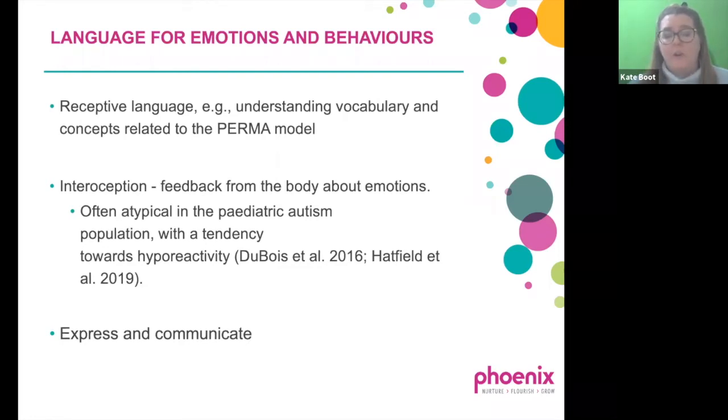So just having conversations about what makes you feel good is going to be really tricky, and we need to think about how we can augment that and make it more visual. And on top of this understanding, a person's also got to be able to communicate their preferences and have the expressive language skills to contribute and share their ideas in order to develop their PERMA profile.